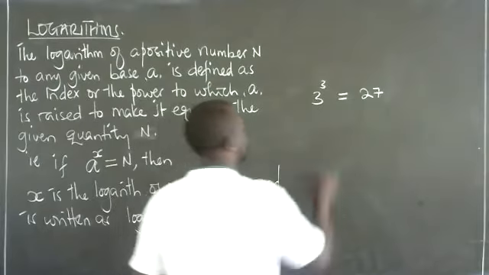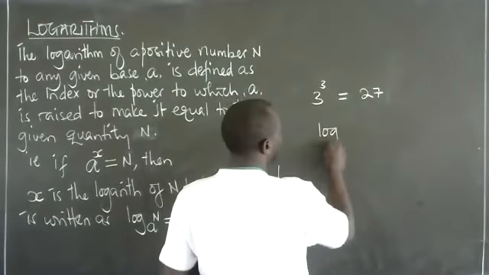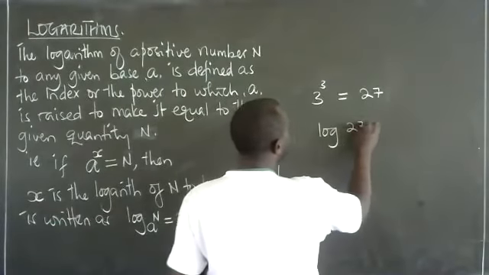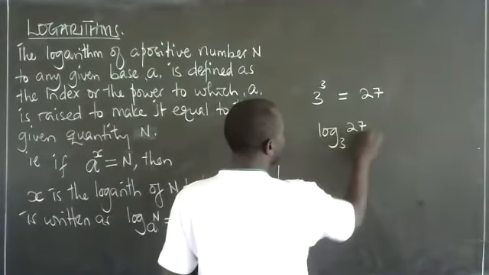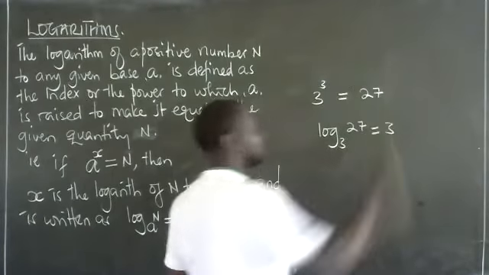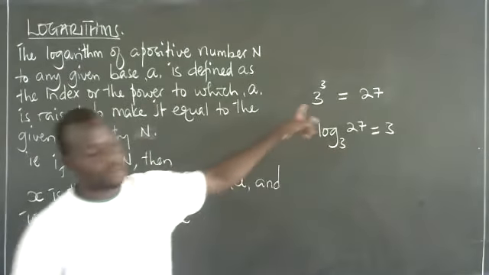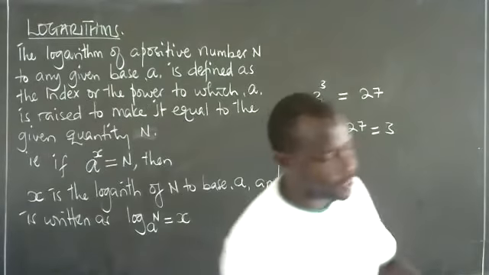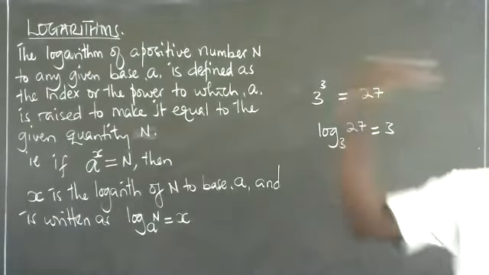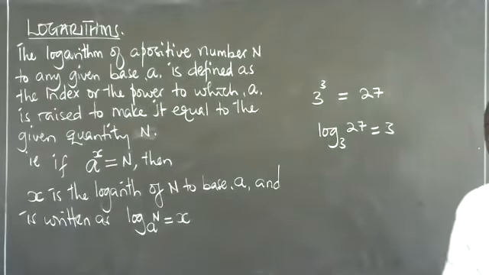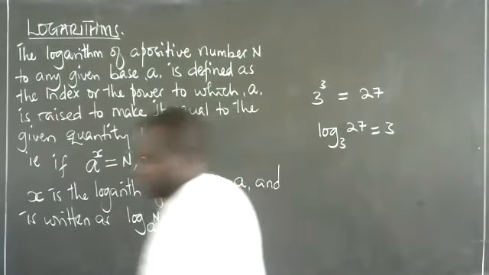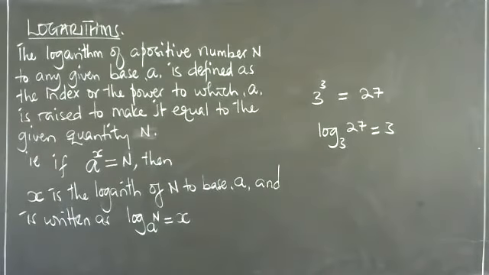The meaning is that the logarithm of 27 to the base 3 is actually 3. So this one here becomes the power to which the number should be raised if it is to be equal to the given quantity n. That is very important to note.